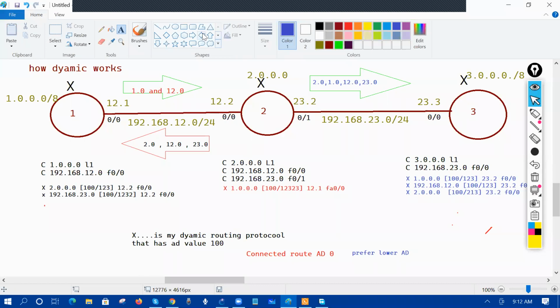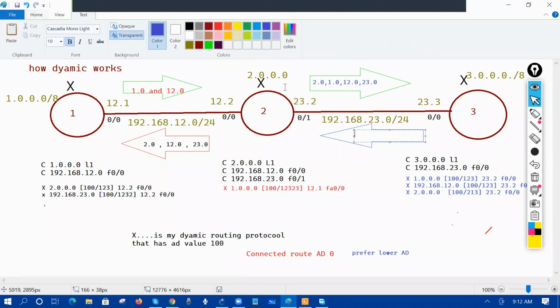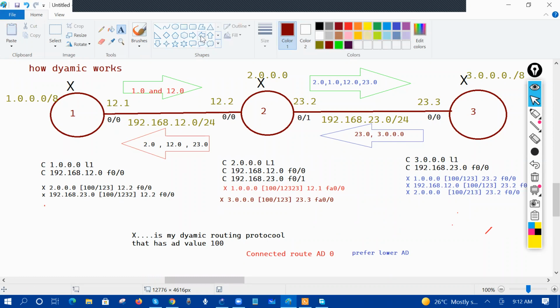Now R3 will share its own information with R2. In this case, what information is it going to send? Hey, I have something for you: 23.0 and 3.0.0.0. R2 will say, hey, I already have 23.0 with a better AD, that's 0, so I will add the 3.0 information. Once R2 adds this information, R2 is now going to share its own information with R1.